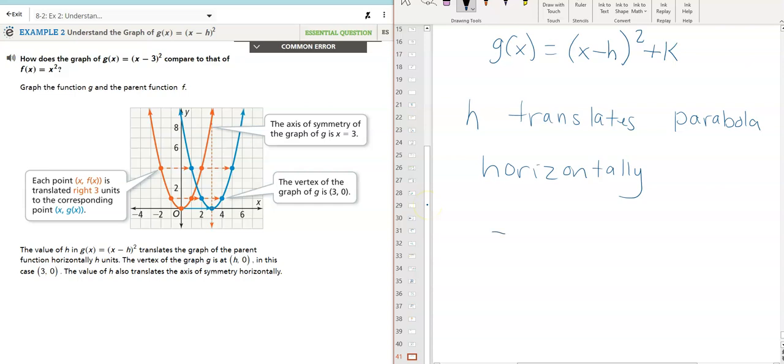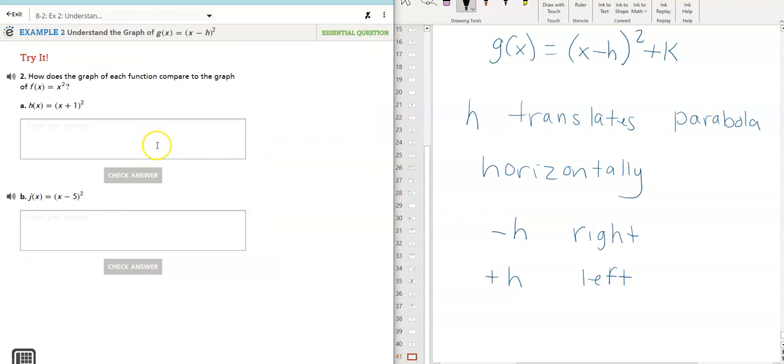So if h is being subtracted, we're going to move to the right. If h is being added, we're going to move to the left. Whoopsie, if I can write. So just remember that we're kind of taking the opposite of the h that's within this parenthesis.